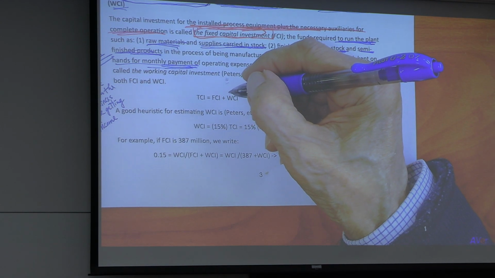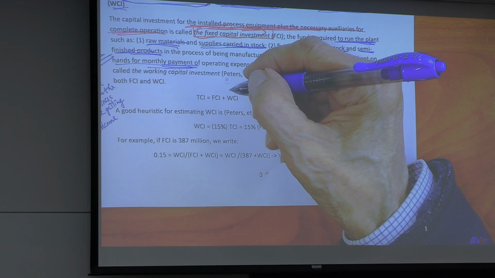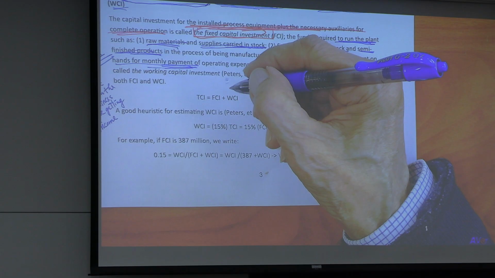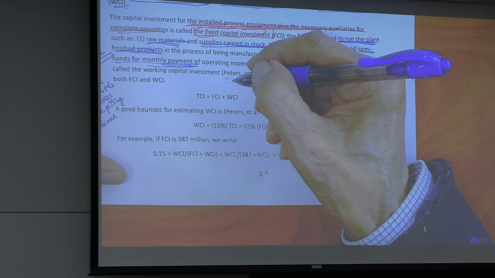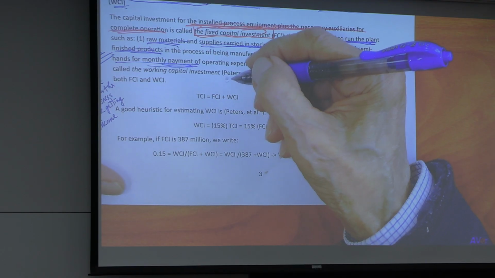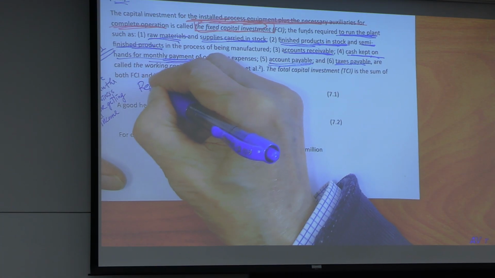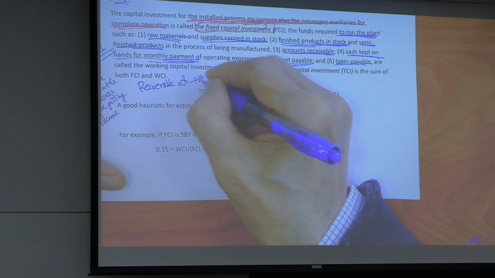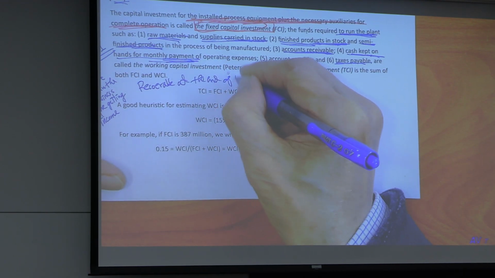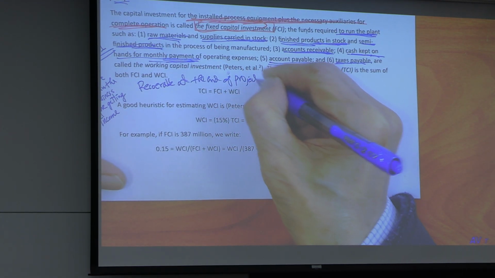So your mom gave you $50,000. Would that be enough to get you started? After 10 years, you still decide to sell the business or shut down the business. You recover this amount. So WCI, working capital investment, is recoverable at the end of project life.